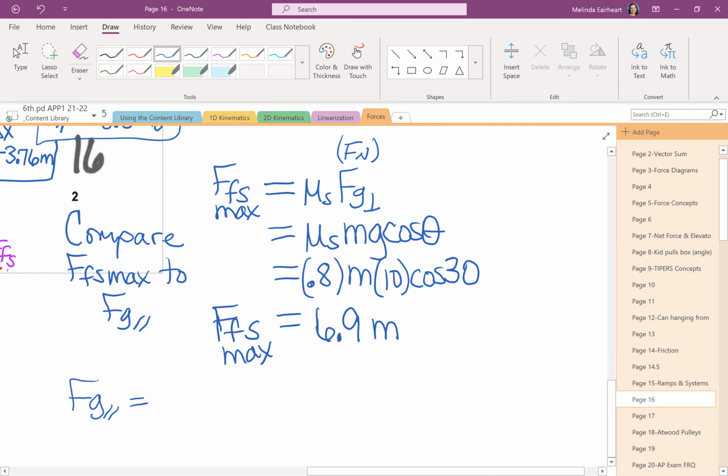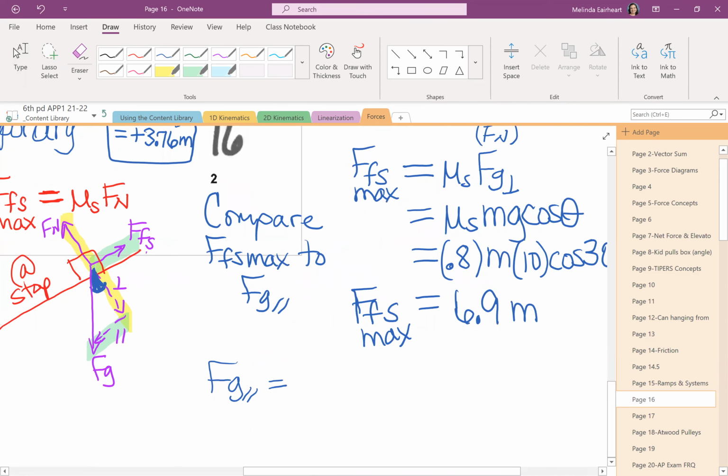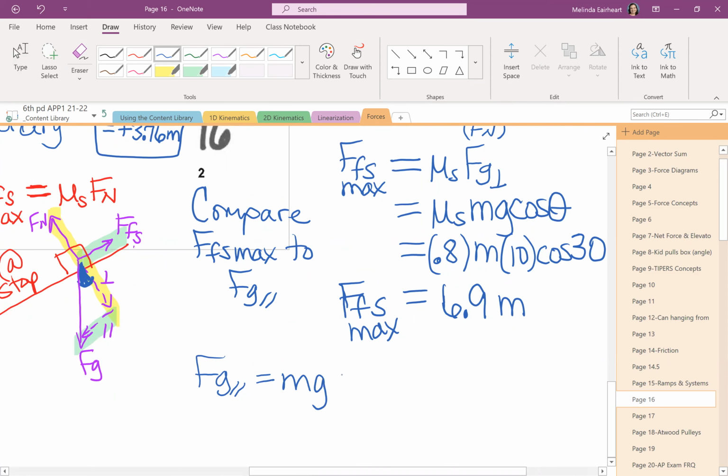FG parallel should go quicker. That's the opposite component in our triangle. And so we'll use mg times sine theta. Again, we don't know mass, so just keep it as an m. And so 10 times sine 30 times m, right? So sine 30 is 1/2 times 10 is 5.